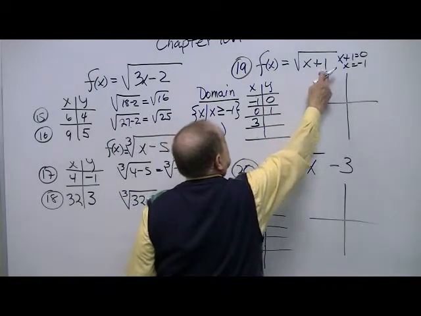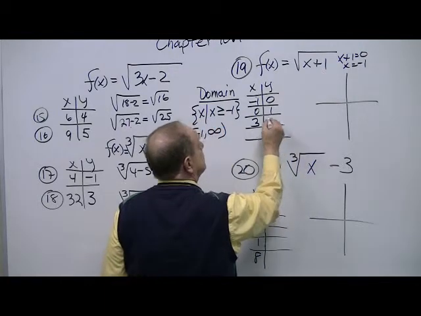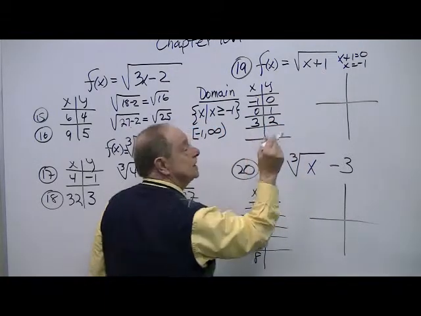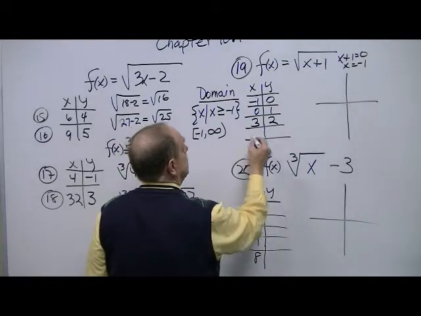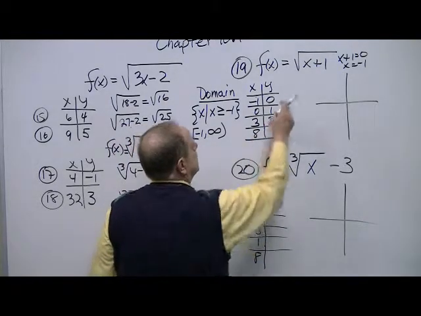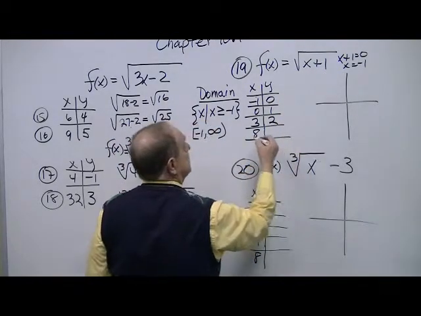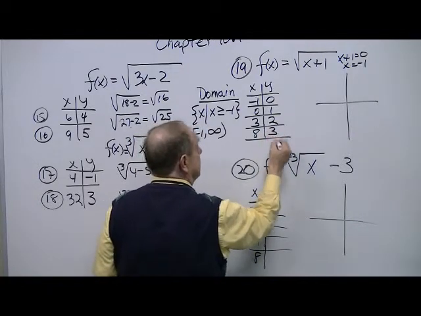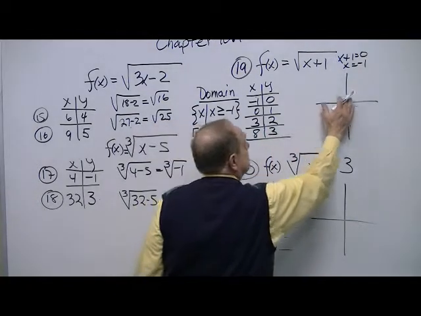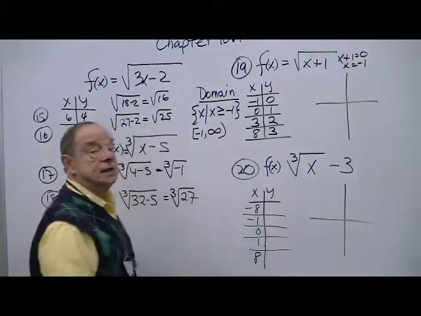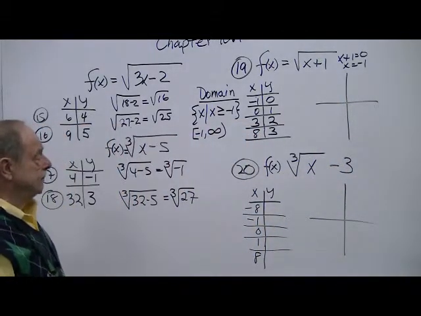So 3 plus 1 is 4, square root of 4 is 2. You want to keep your numbers so that you can plot them easy. And this one will be 8 then. So 8 plus 1 is 9, square root of 9 is 3. So you have some points and you plot those and that will give you the graph.